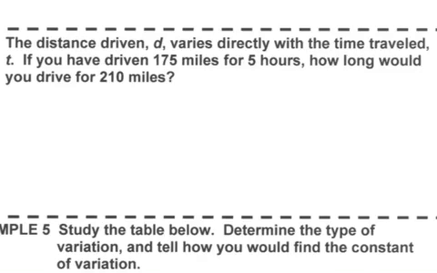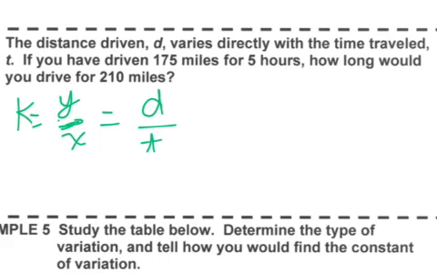Our K is equal to Y over X, which is your distance over time. The distance driven depends on the amount of time that you drive. So dependent is on top, independent X is on bottom.